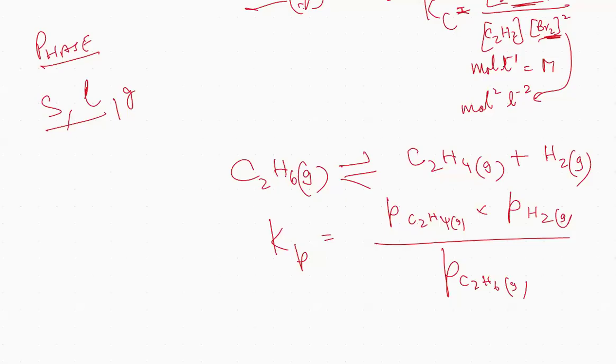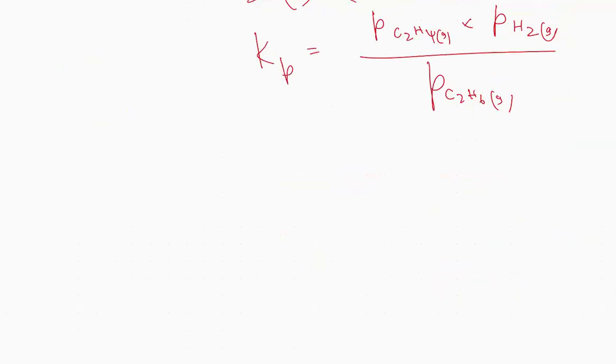These are partial pressures. Kc is in moles, so partial pressure normally could be atm. Any other pressure terms could be used too, but normally it's atm or torr or millimeter mercury. Remember that. So how do you get a relation between Kc and Kp? We go back to PV equals nRT.